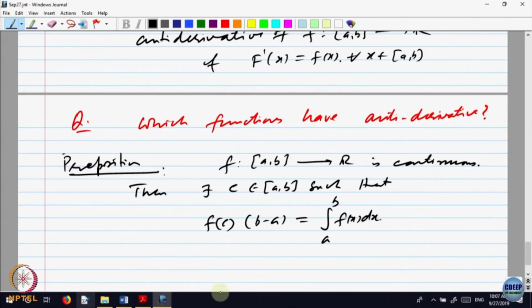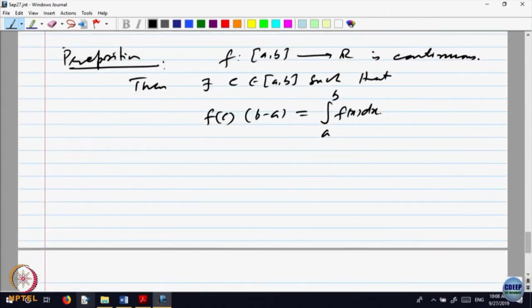This is f of C into B minus A. So this is the area of a rectangle with base AB and height f of C. If you interpret it geometrically, if this is A and this is B, and this is your function, you are looking at the area below the graph of the function, that is your integral. So this is the right hand side.